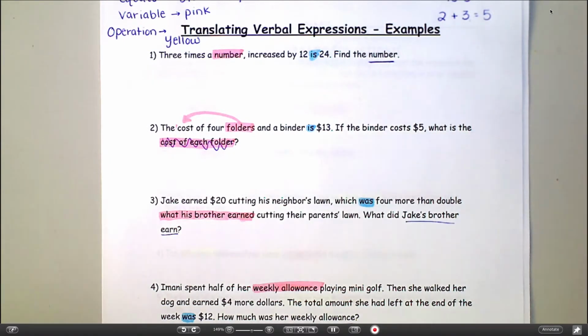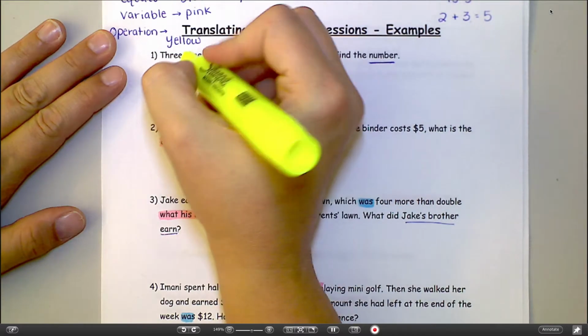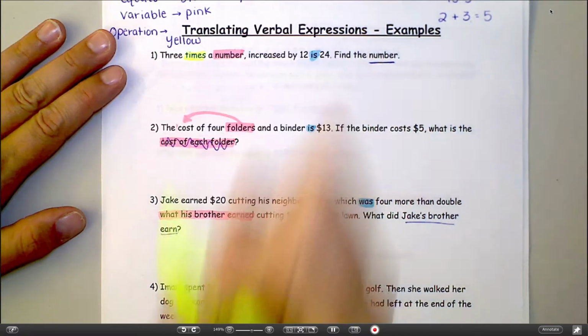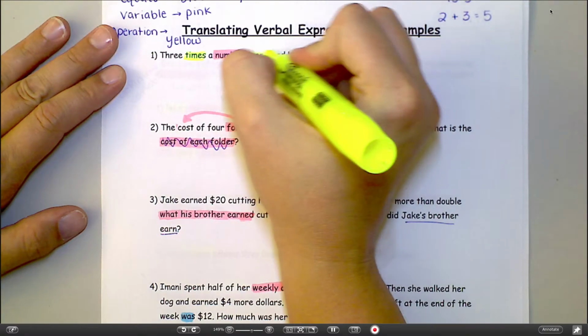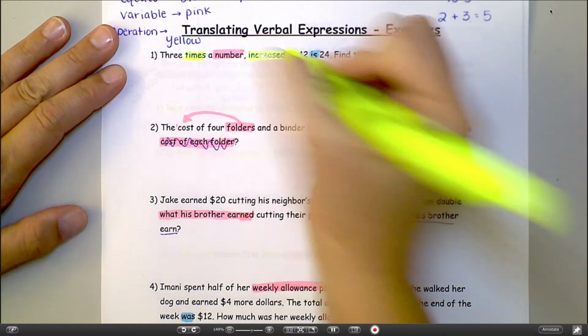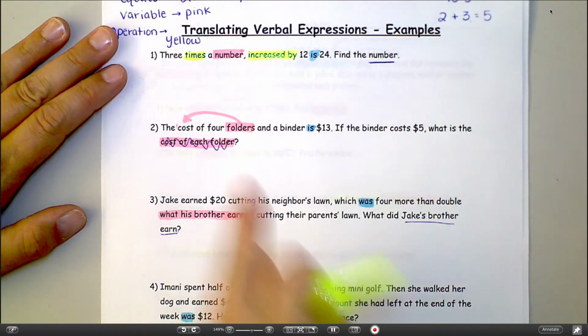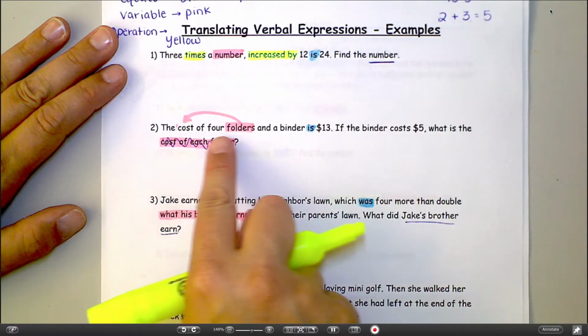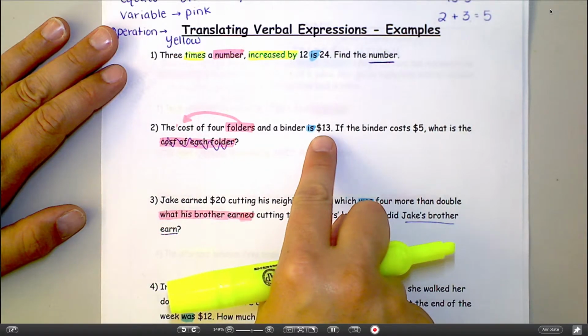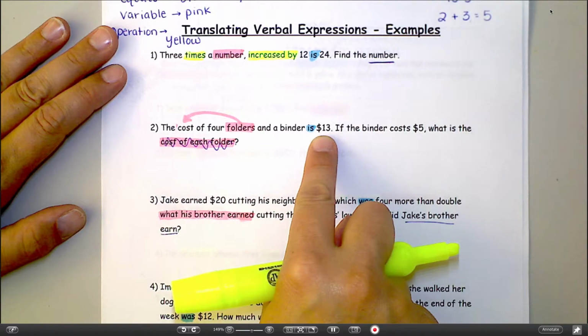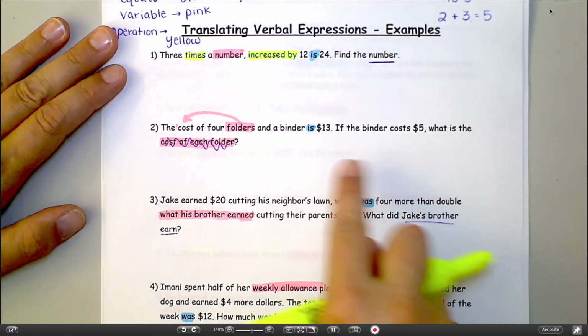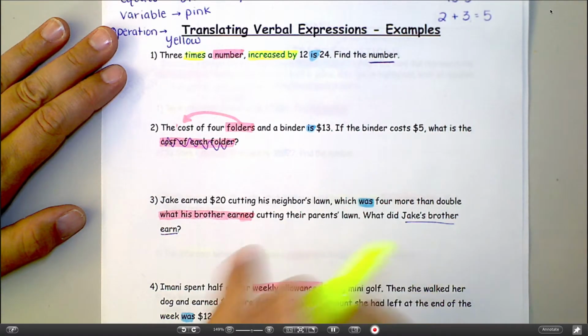So in that first one, 3 times tells me to multiply, so that's an operation word. Increased by, that's an addition word. Okay. Down here, the cost of 4 folders and a binder is 13. This one really, the operation words are really sneaky.